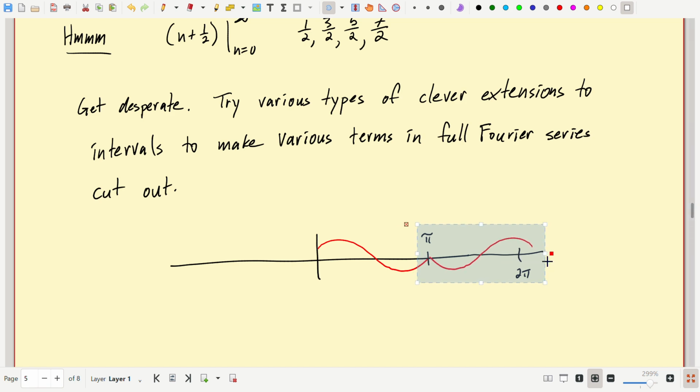Do I need to shrink it a little bit? Looks like it. Kind of like that. So I made it symmetric about pi. Let me make it green.